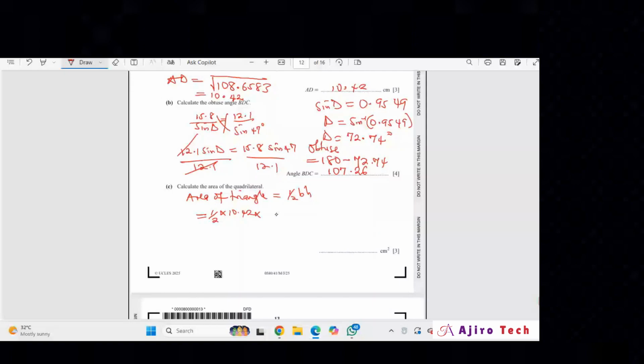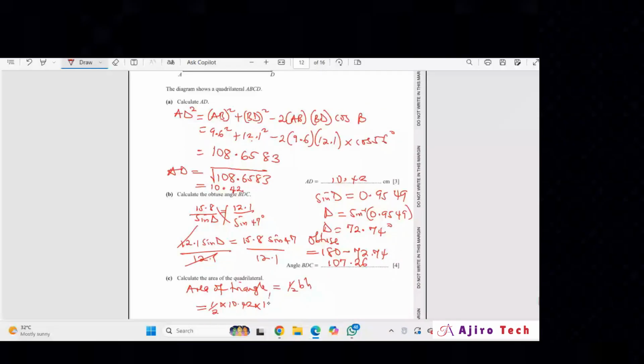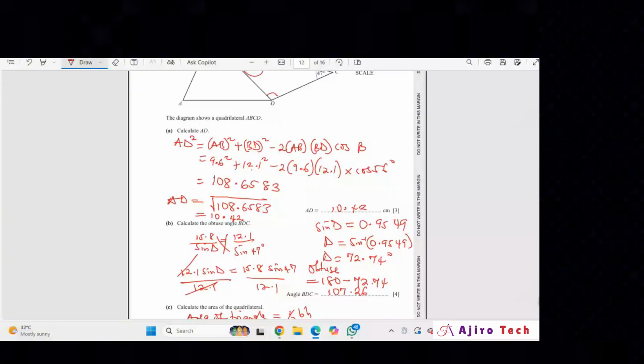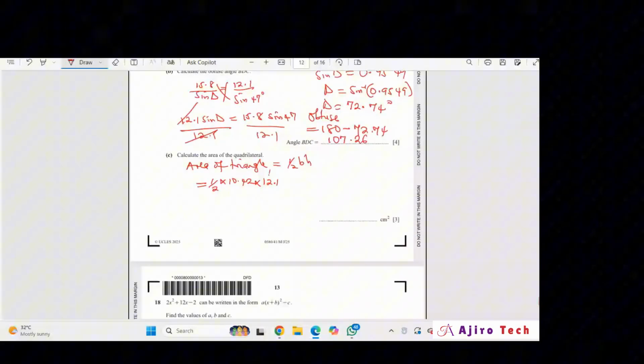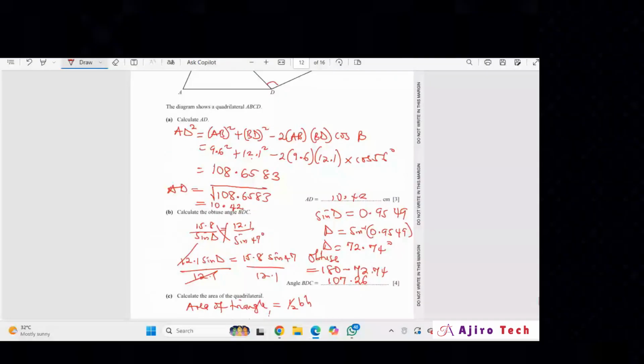Let me see, let's use the base. I need to erase something there. Let me use 9.6 as the base, times the height, which is 12.1. So that is the first one.